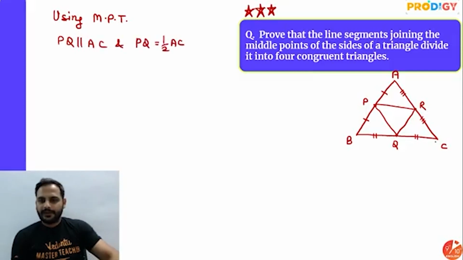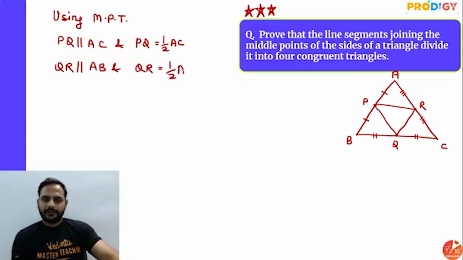Similarly, QR will be parallel to AB and QR will be half of AB.